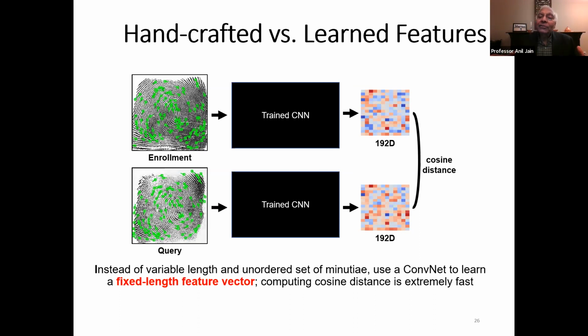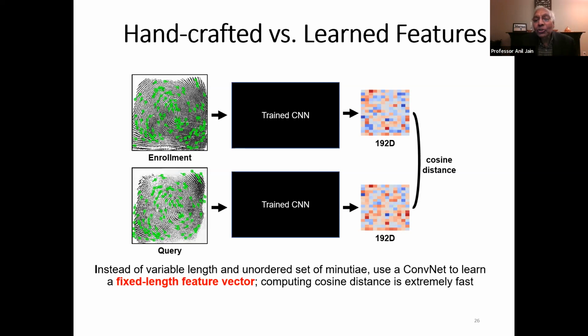Comparing 192-dimensional vectors using a cosine distance, which is what is used in face recognition, is about 3 to 4 times faster than minutiae matching, where the number of minutiae is arbitrary and you have to use some kind of graph correspondence to do the matching.